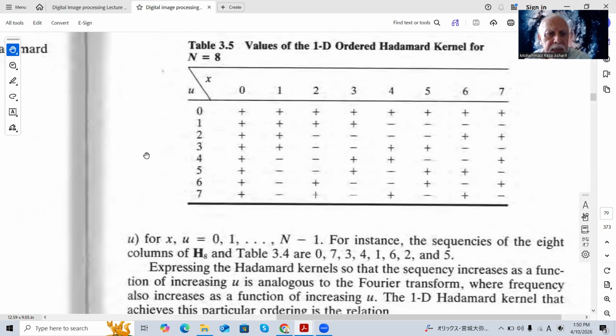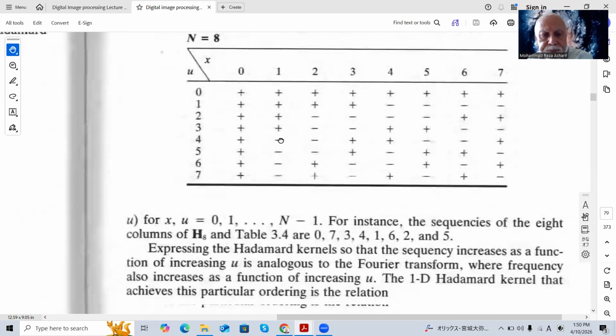And then gradually the frequency gets higher and higher, with more variation of plus and minus, and at last the highest frequency, like the Fourier transform, is here. So on the 7th component in the frequency, I mean Hadamard transform, is plus minus. This is because it is the ordered Hadamard transform.